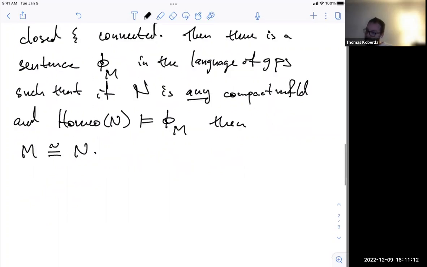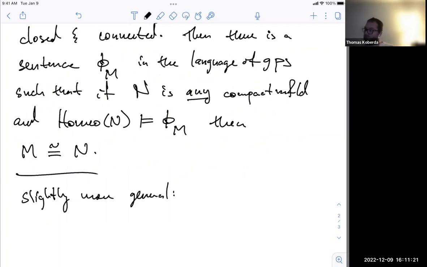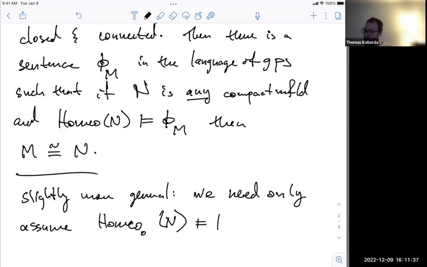Right, so we need only assume that Homeo_0(N) models phi_M, which is to say that the group of homeomorphisms isotopic to the identity in N. You can pass to that subgroup, and as long as that subgroup models this sentence, then that is enough already.